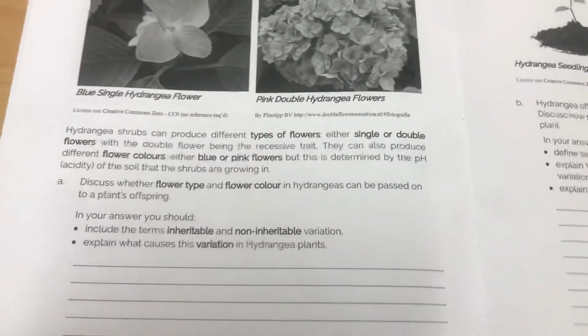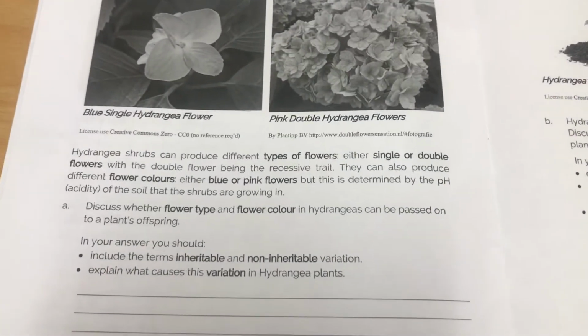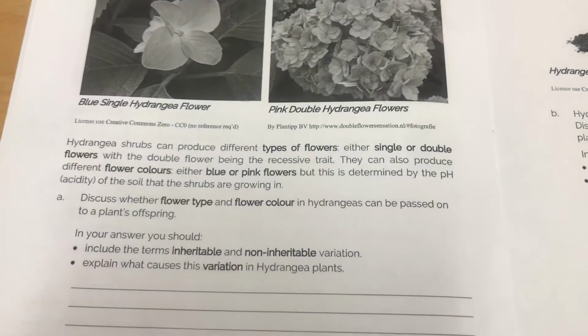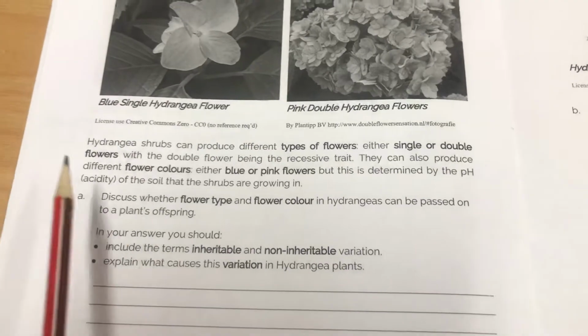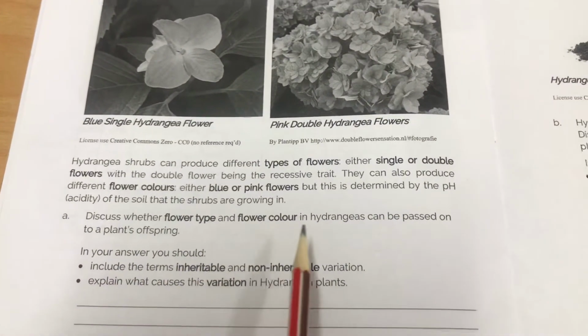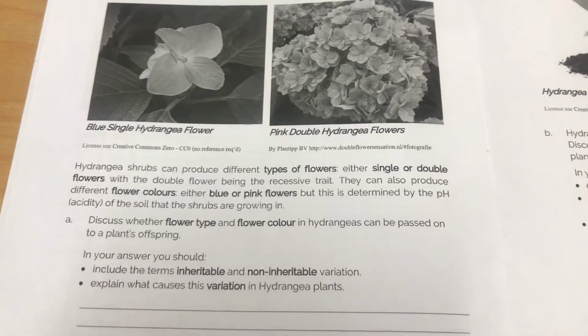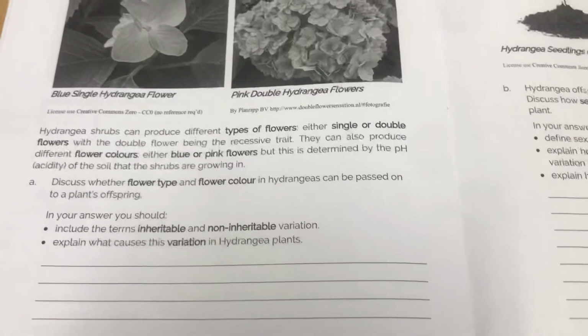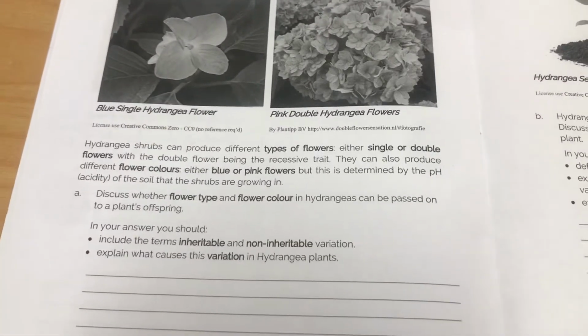And the question asks us to explain the difference between inheritable and non-inheritable variation. So it says, discuss whether flower type and flower colour in hydrangeas can be passed on to a plant's offspring. And we have to talk about inheritable and non-inheritable variation and explain what causes this variation.